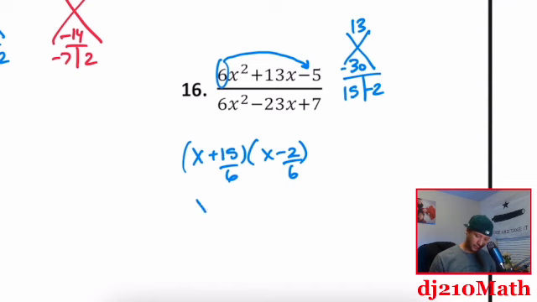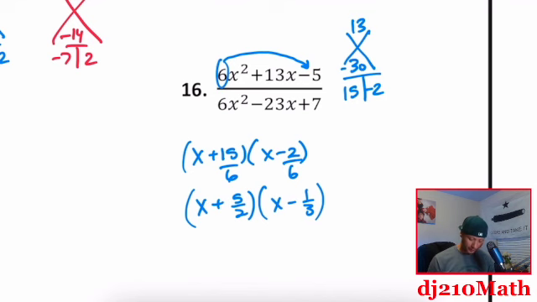So this is going to be x plus 5 over 2, divided by 3. This is x minus 1/3. We'll just leave it like that. So that's on the numerator, that's on top.